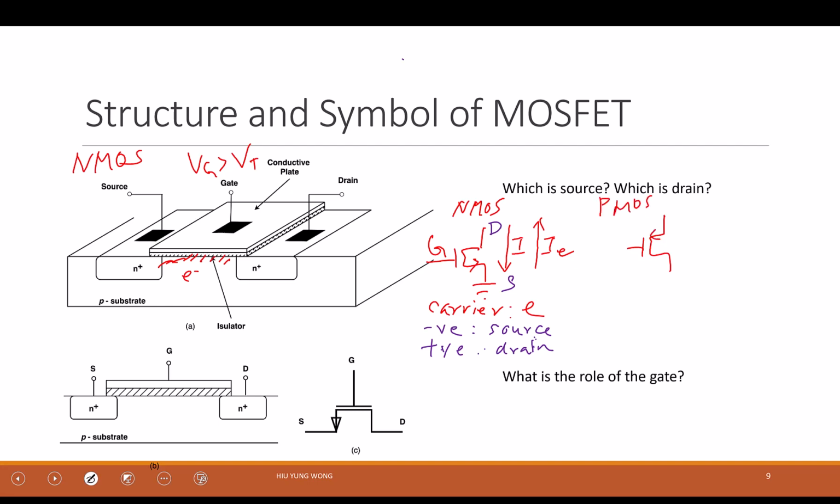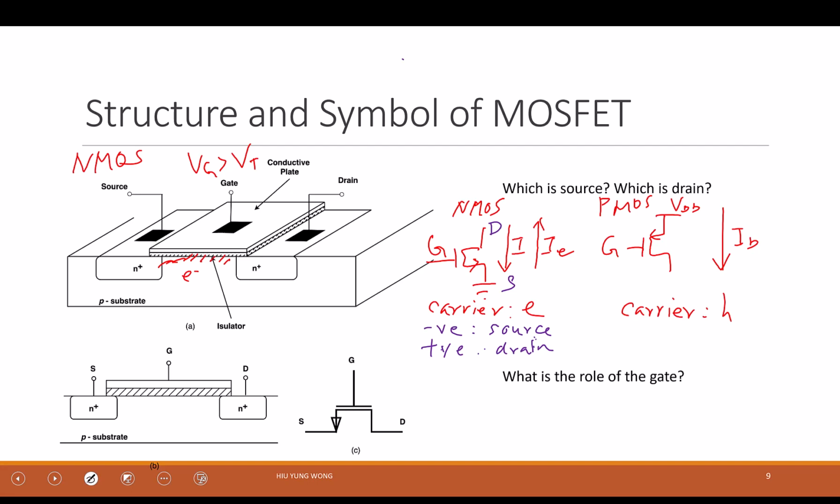We usually draw it in this way, and usually we say the one with the arrow is the source. But let's think about what we are doing. If this is VDD, the current goes from the top to the bottom, right? Current always goes from higher potential to lower potential, whether NMOS or PMOS or whatever, because current means the positive charge. PMOS has holes as its carrier.